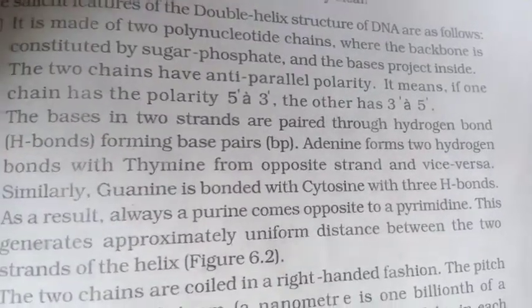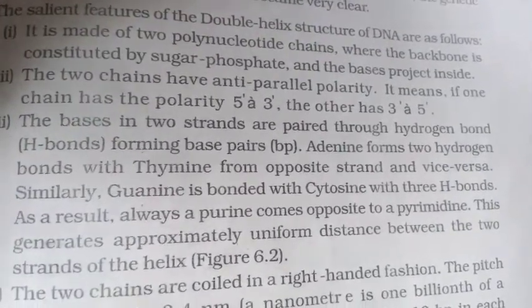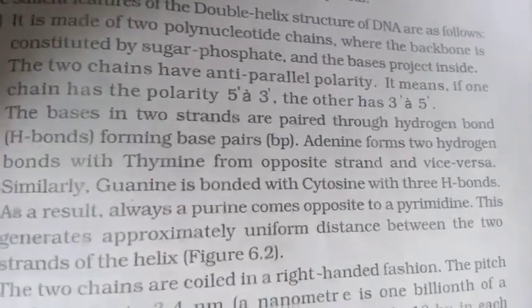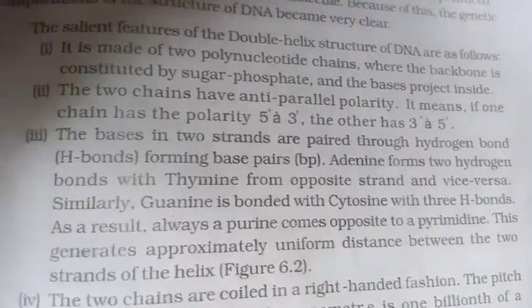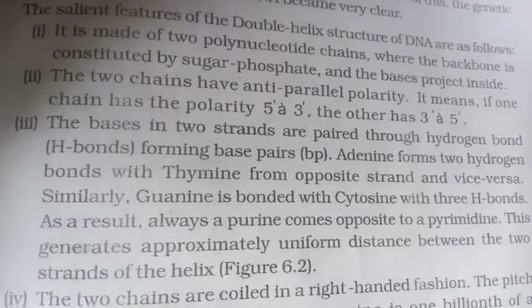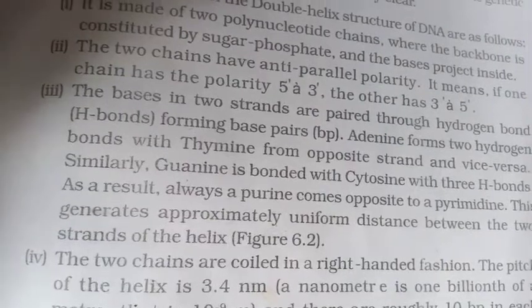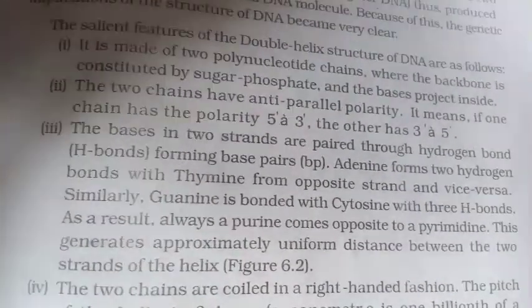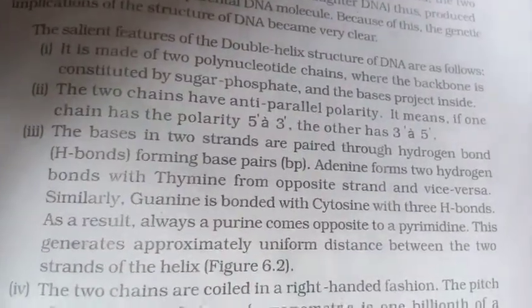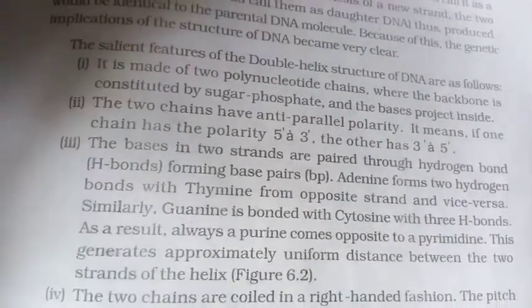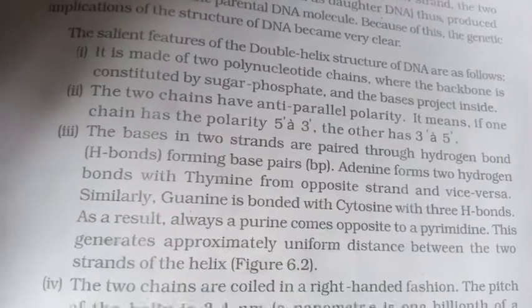The bases in the two strands are paired through hydrogen bonds, forming base pairs. Adenine forms two hydrogen bonds with thymine from the opposite strand, and vice versa. Similarly, guanine is bonded with cytosine with three hydrogen bonds.